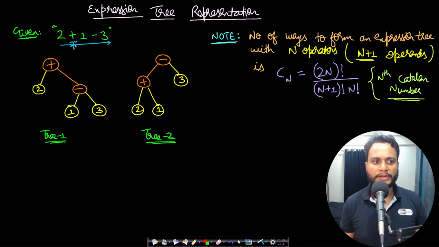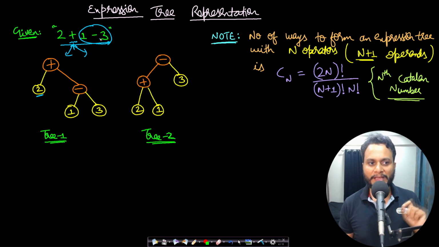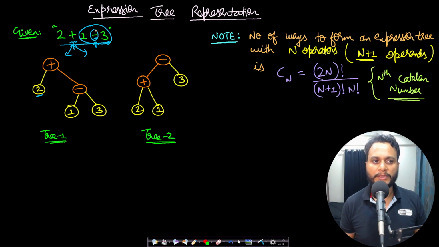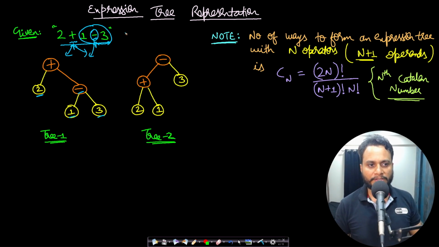So what I do is I will divide the entire representation into 2 parts at that plus, in such a way that the left hand side will have 2 and the right hand side will have 1 minus 3. Again in this 1 minus 3, I can recursively break it down by saying that minus will be made a node, and then the left side will contain 1 and the right side will contain 3. So using simple recursion and iteration, we can build this expression tree.